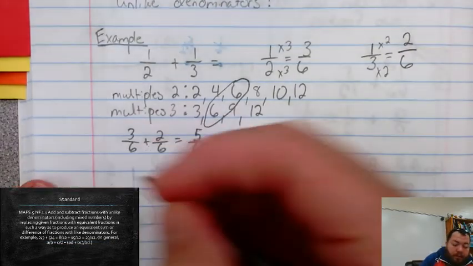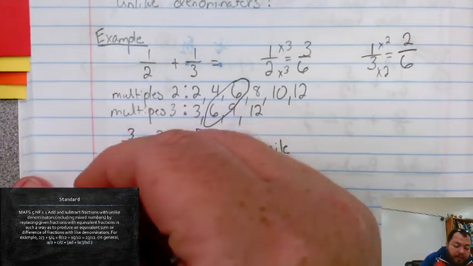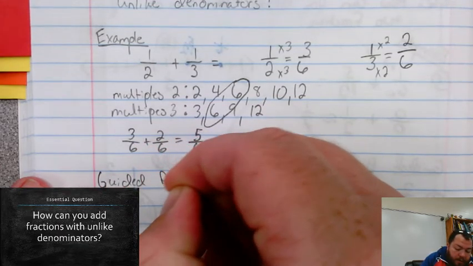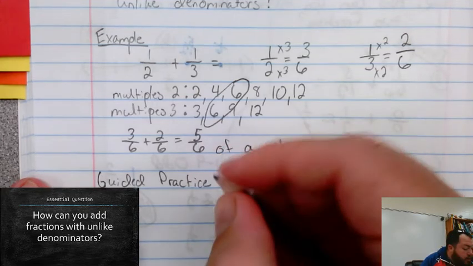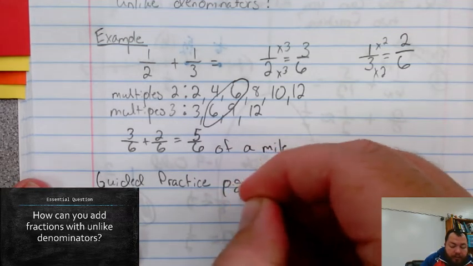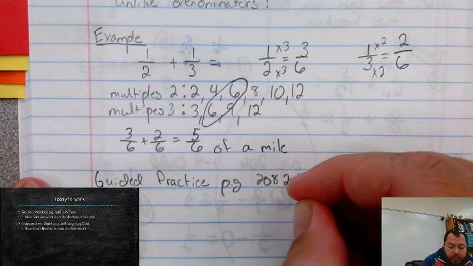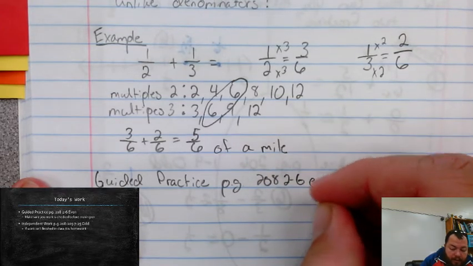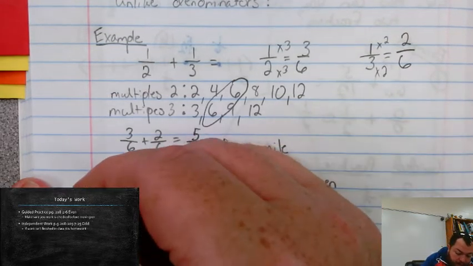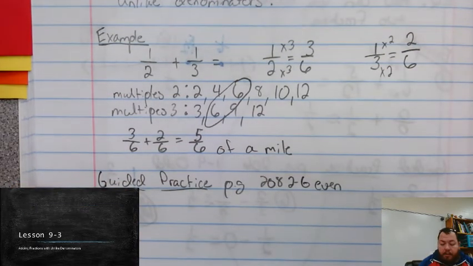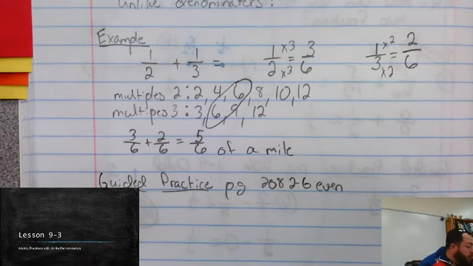Okay, now I'm going to do some guided practice questions. And for guided practice, and that's on page 208, I want you guys to do 2 through 6 even. Okay, I'm already at 5 minutes. So I'm going to do number 1 for you guys.